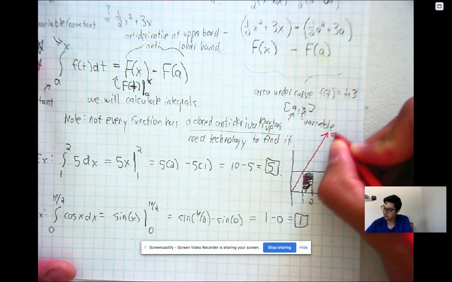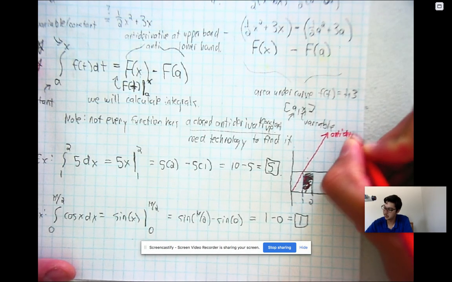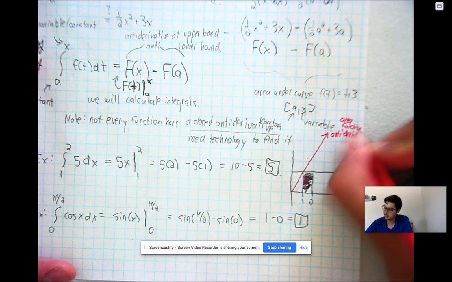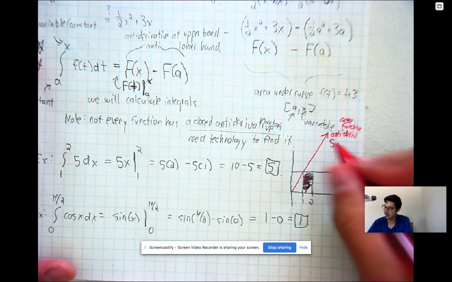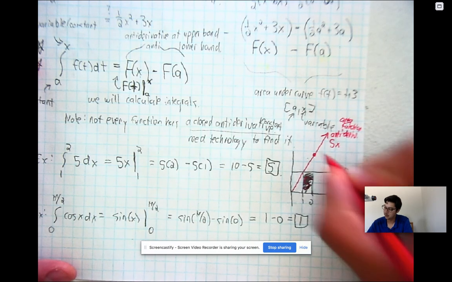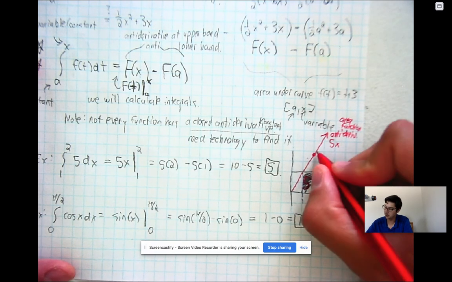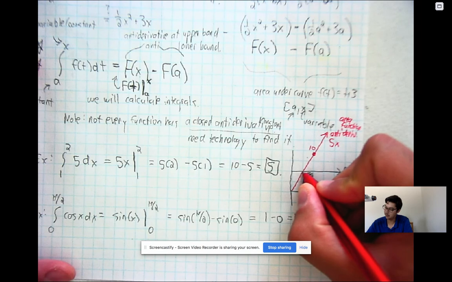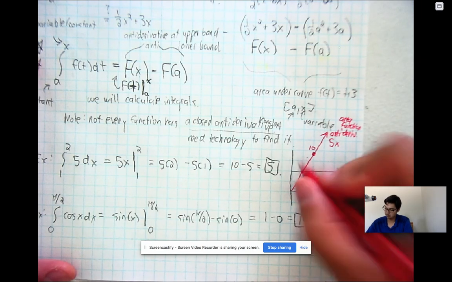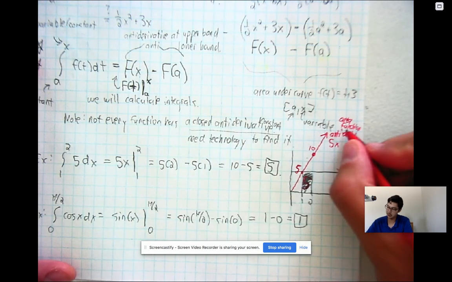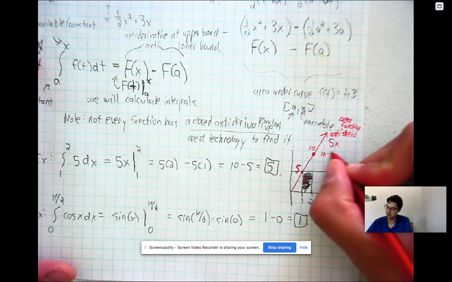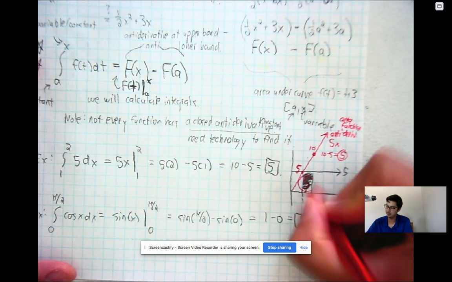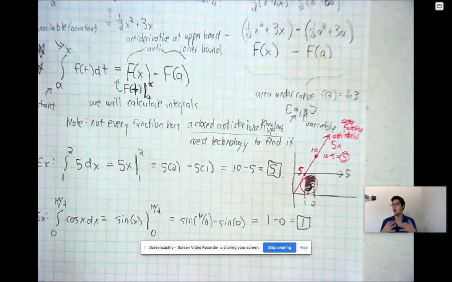So the antiderivative function, or the area function, is 5x. If we evaluate 5x at 2, which is 10, and subtract off the area function at 1, which is 5, 10 minus 5 also gave us 5. And that's the idea: it's a whole new curve that we use to evaluate the area under the curve.